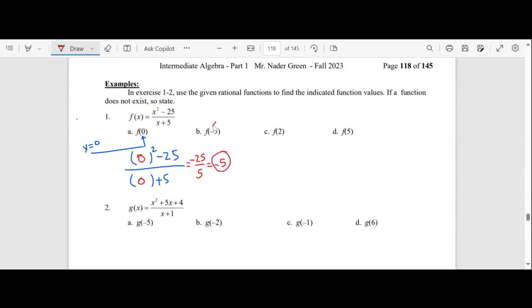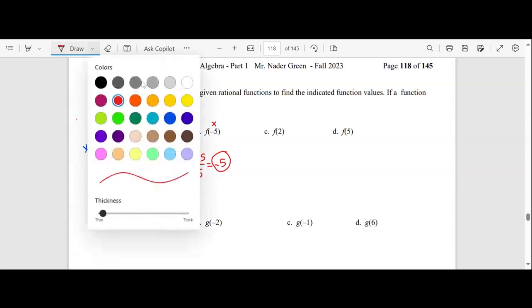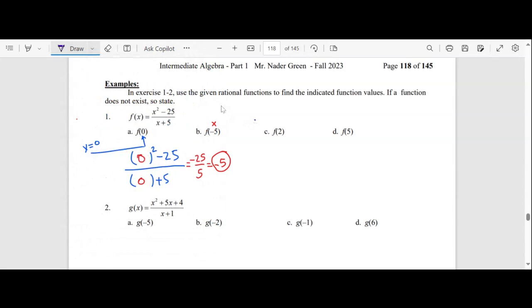How much will x be? Negative 5, correct? So I'm going to replace x by negative 5. Negative 5 squared, how much? 25. 25 minus 25 is 0.